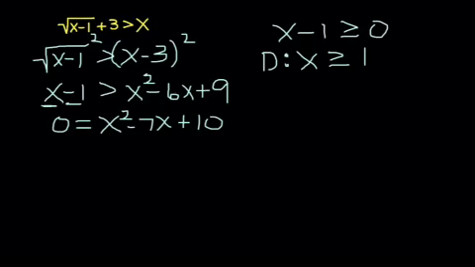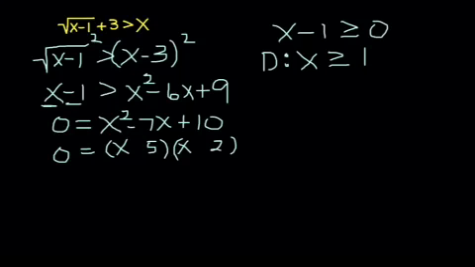And I look at that and I see that it factors. Notice I changed my sign to an equation, not because I'm solving an equation, I'm just using that to get these boundary points. And I'm going to factor this because it will. If it didn't factor, I would go to the quadratic formula and plug them in and find my two answers that way. This factors into 5 and 2.